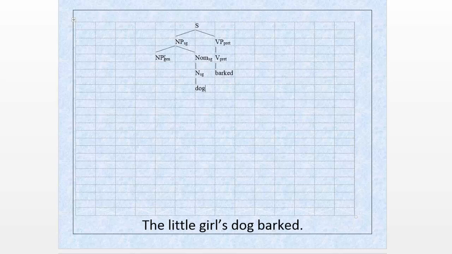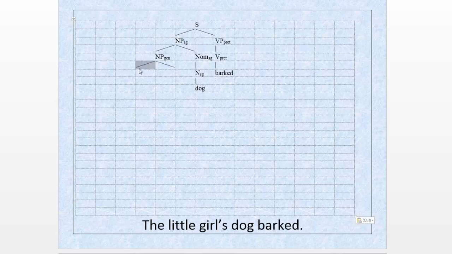Then we can go back and look up here. We know the NP-gen consists of a noun phrase followed by the apostrophe S. We haven't given it a label. We could call it genitive, I suppose, but it's fine just to put either the apostrophe or the apostrophe S there as appropriate. And it's going to combine with the noun phrase, "the little girl."